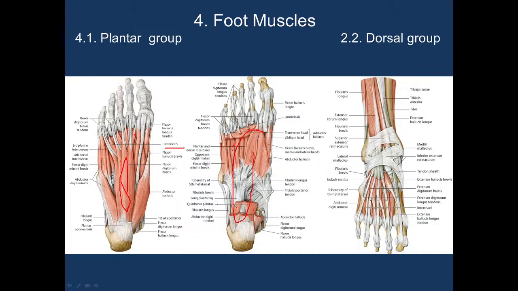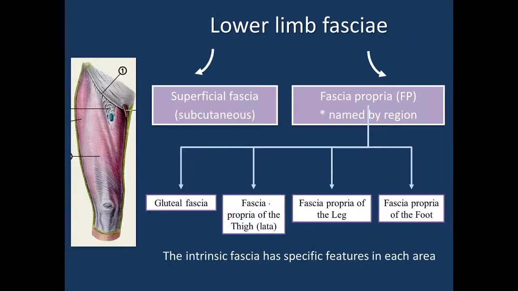This is the flexor digitorum brevis, or short flexor digitorum, and the quadratus plantae muscle. Here it's located under the flexor, and also some of the tendons connect both groups with the middle group.